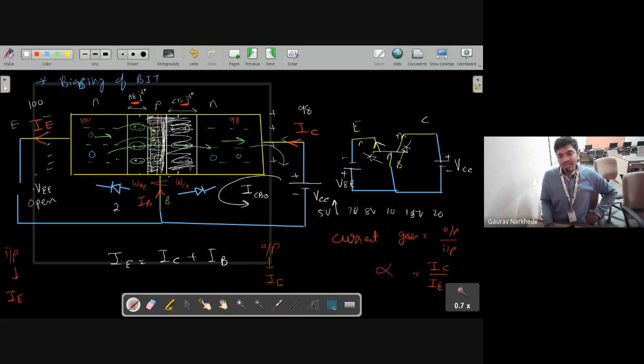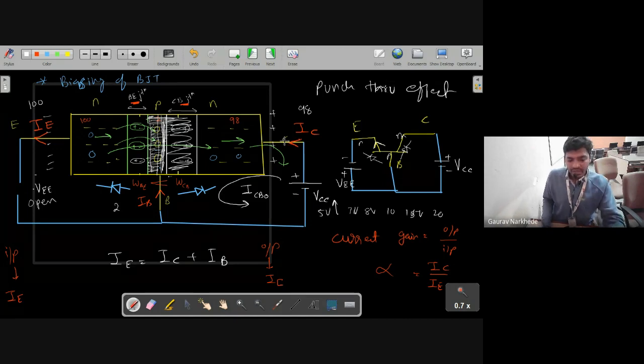So this effect, when the base emitter junction touches the collector base junction, this effect is called as punch through effect, right? So see, what is punch through effect?